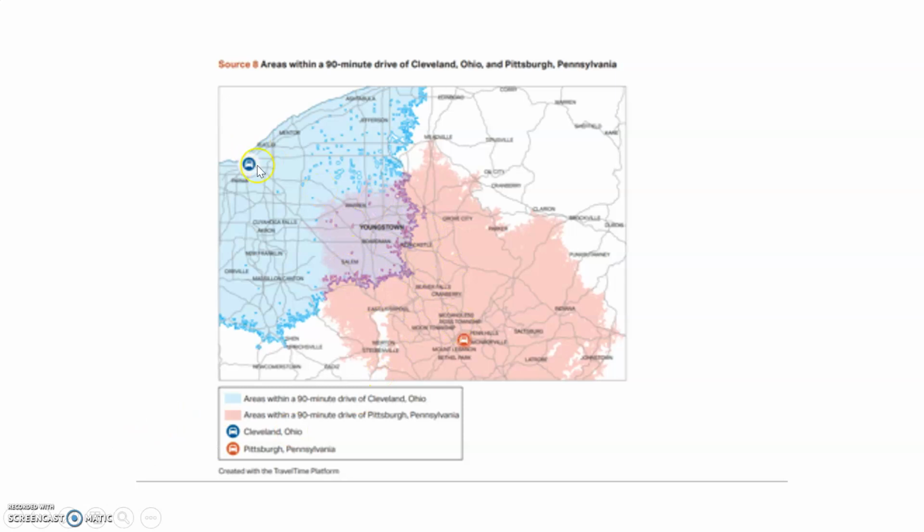Here you have the city of Cleveland, Ohio, this blue car, and the city of Pittsburgh, Pennsylvania, that red car, and then radiating out a 90-minute drive. That will be the nodal region. You can see that these 2 regions do overlap. So regions are not always specific, defined borders.